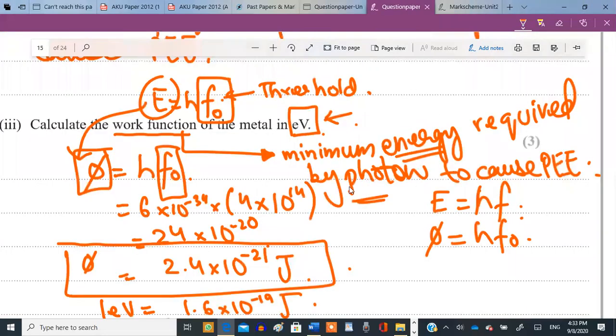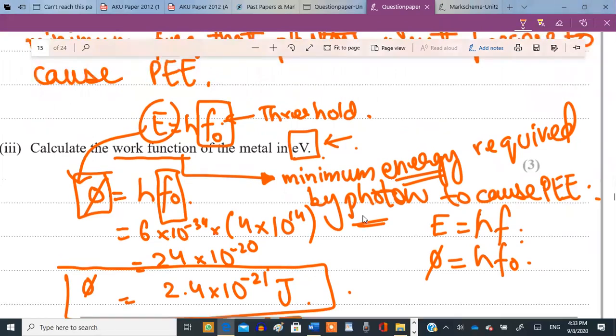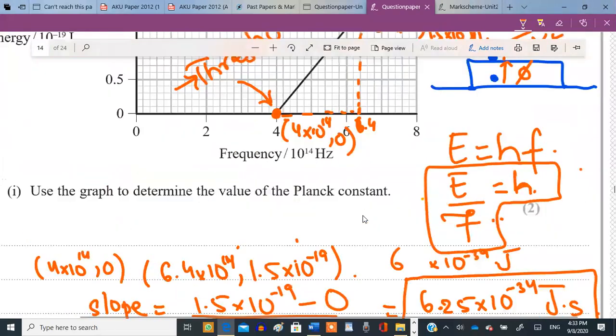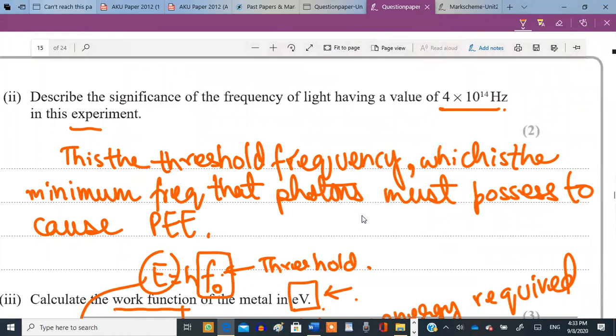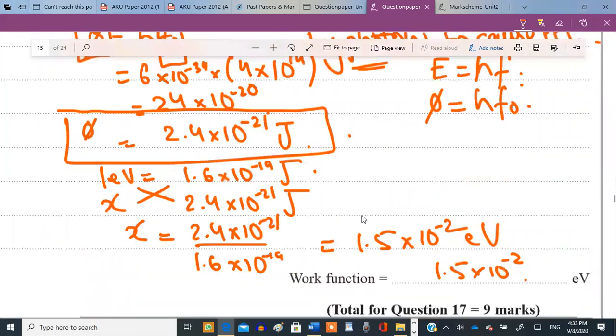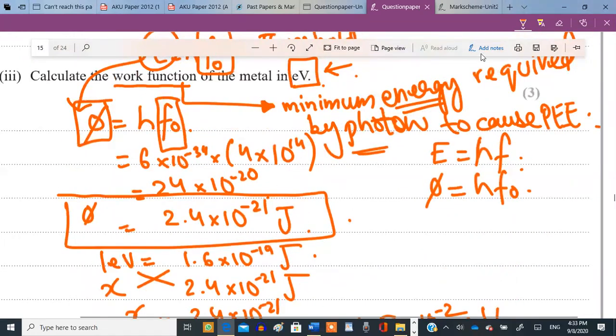Okay, there must be some calculation error over here. Let me recheck the calculation. 6 raised to the power of minus 34 multiplied by the value for the frequency, 4 times 10 raised to the power of 14. It's 2.4 raised to the power of minus. Oh, okay, sorry about this. This is 2.4 raised to the power of minus 19 joules, not minus 20.